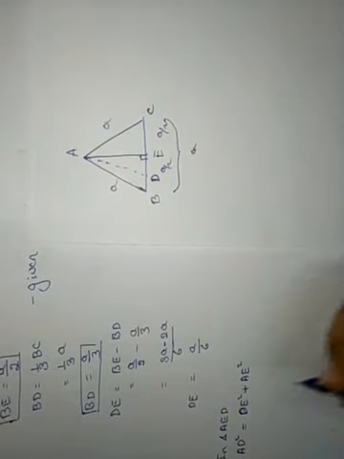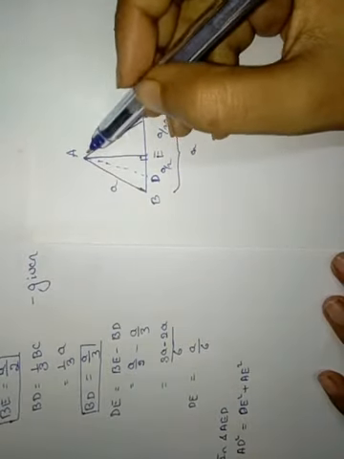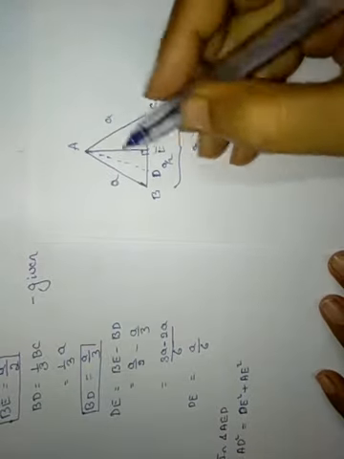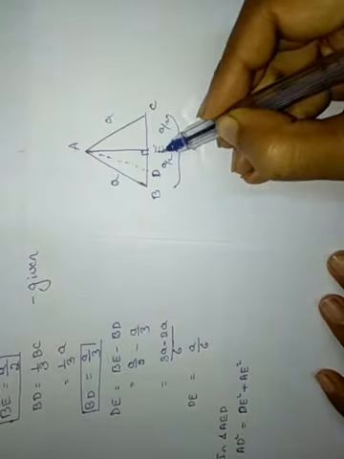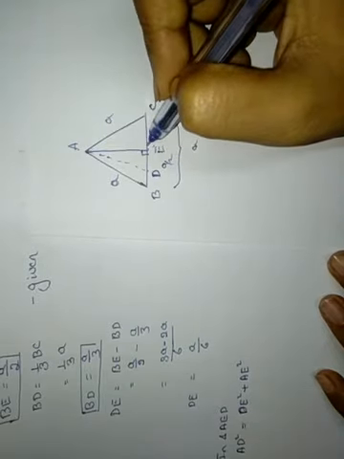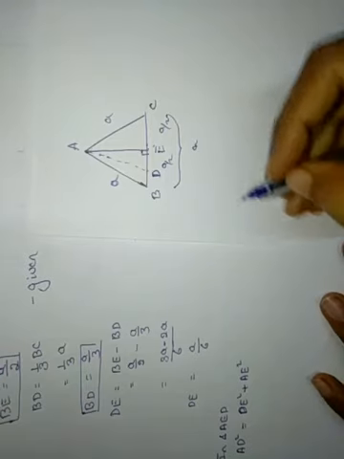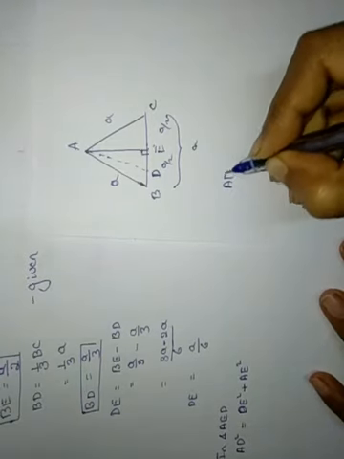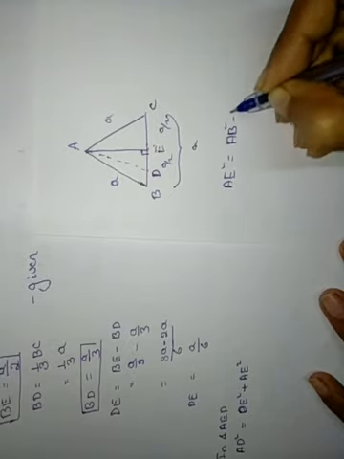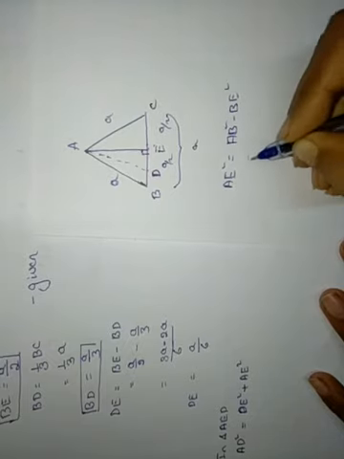Now in triangle AEB we know the side AB and even we know the side BE, right? But we don't know AE. We need to find AE. How to find AE? AE square is equal to AB square minus BE square, isn't it?